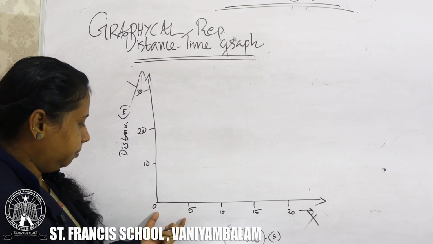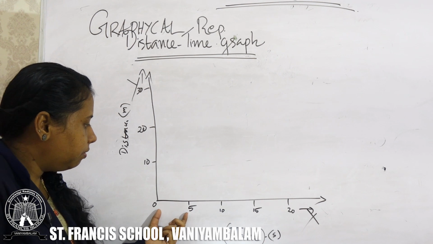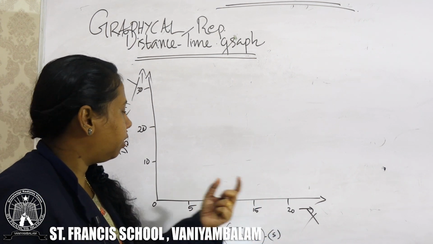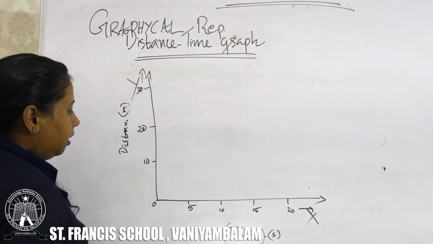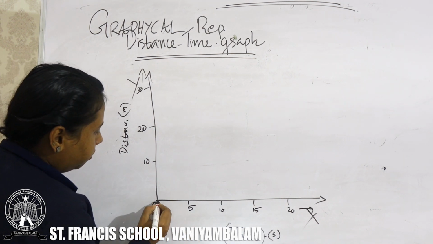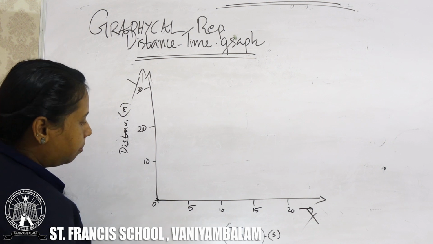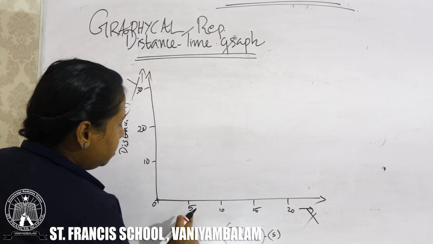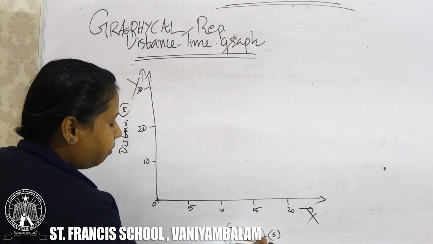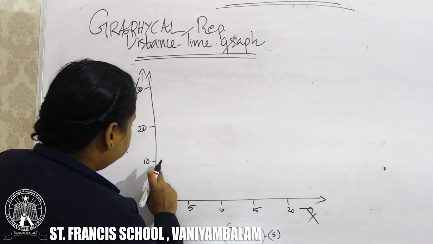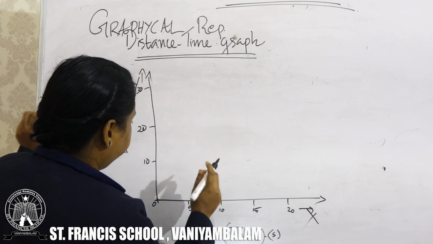The interval here is 5, 5, 5, 5, and here 10, 10, 10. Suppose an object is moving from the 0 point, and in the first 5 seconds it covers 10 meter.